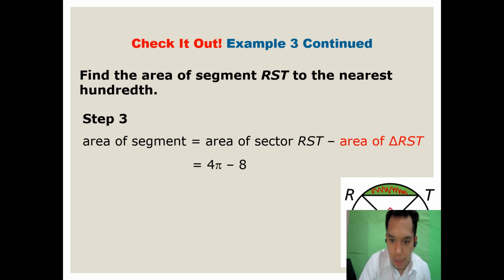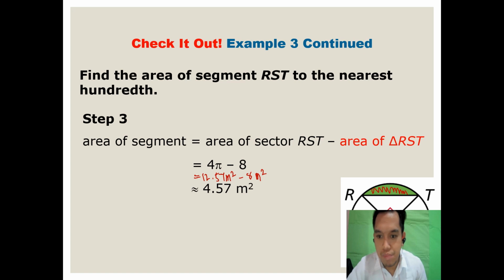So ito ay magiging 12.57 meter squared minus 8 meter squared. And the final answer is 4.57 meter squared. The area of the shaded region or the segment. Okay? So that is how we are going to find the area of the segment.